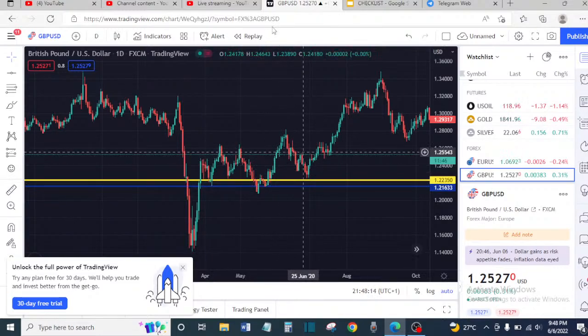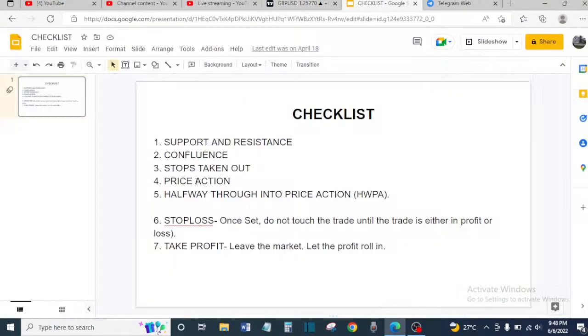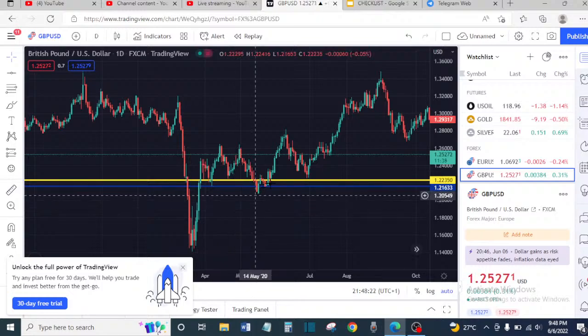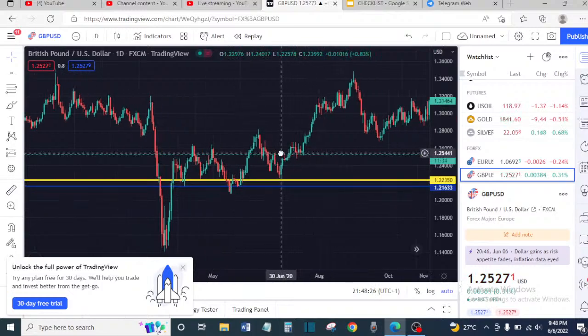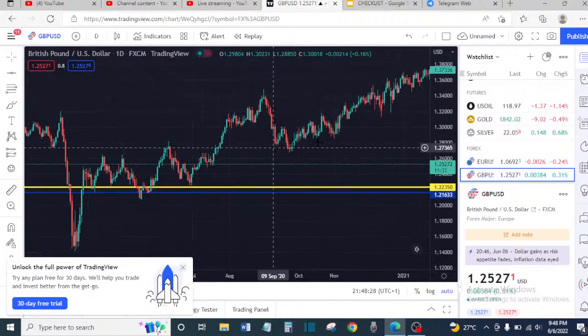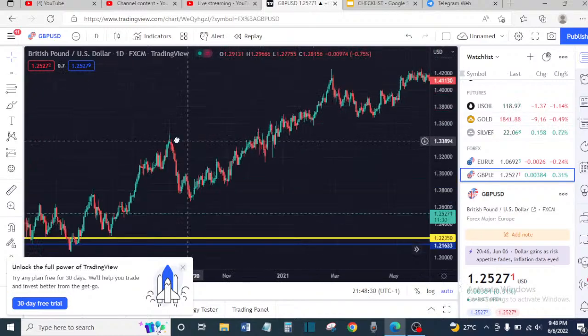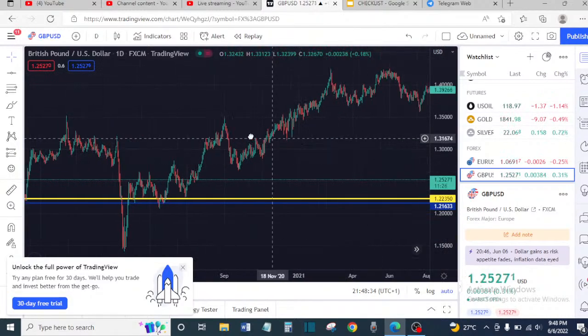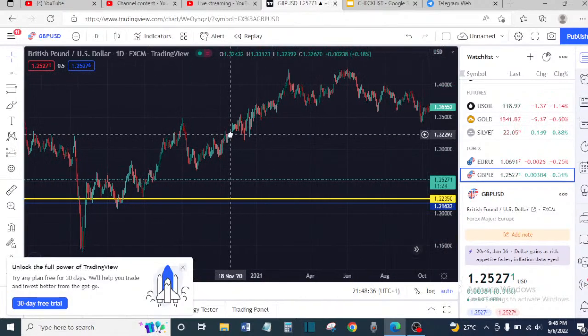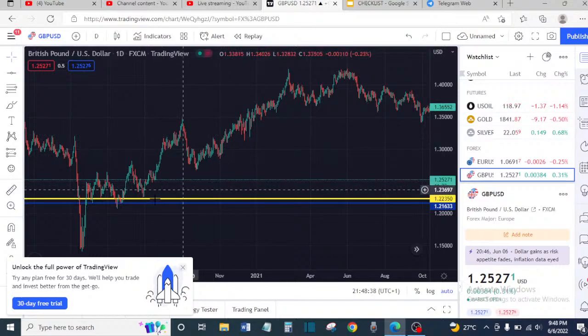Now B, our stops taken out. When you look at this whole area, you will see that we have a higher number of stops that were taken out.